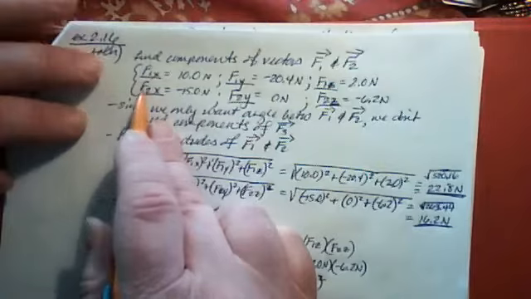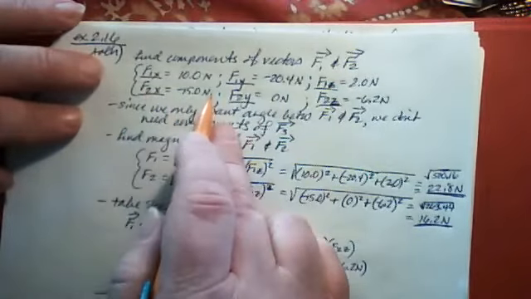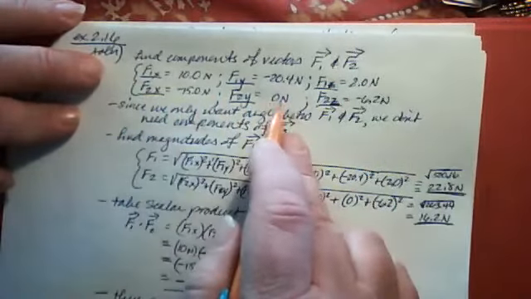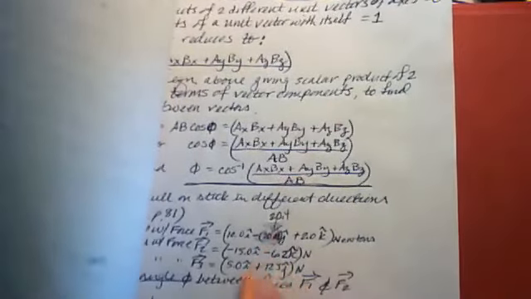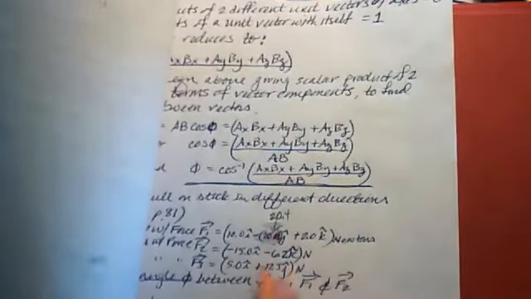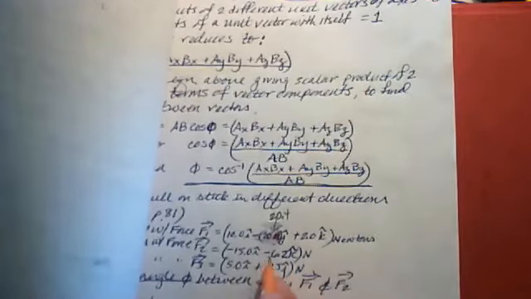For the vector F2, the x component is negative 15 newtons, y component is 0, because if you look back at the equation, you'll notice that there was nothing times unit vector j. Unit vector j is not even mentioned. That means basically that unit vector j was multiplied by 0, and that's why it disappeared.